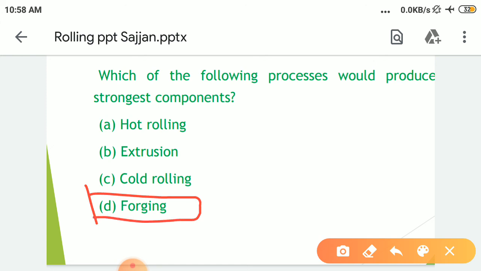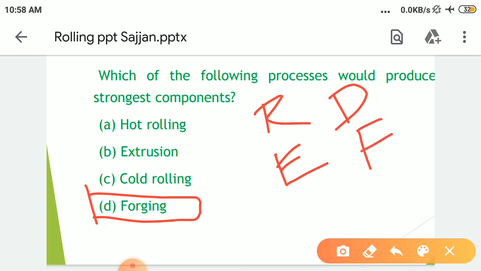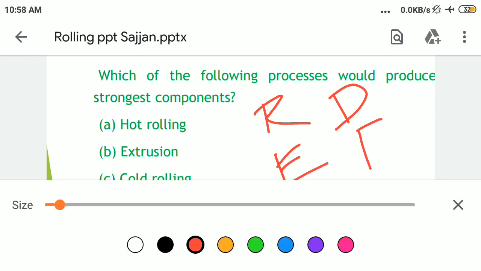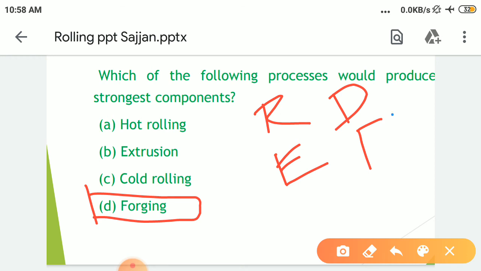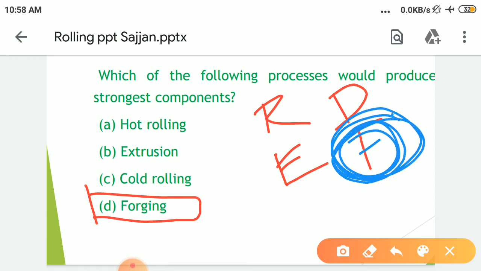Out of the four processes, those are rolling, extrusion, drawing and forging, always remember, forging gives the strongest component.